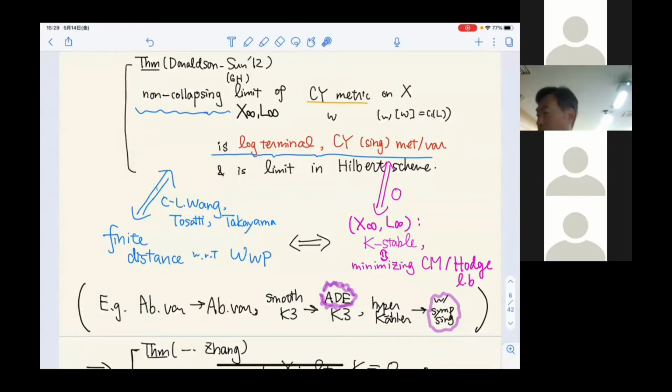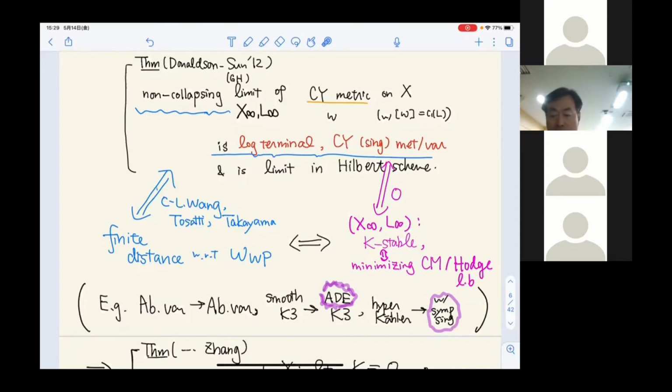And well, their theorem also applies to Fano, and as far as the Ricci is bounded from both sides, it works. So it is a bit more general statement, but it certainly applies to this Calabi-Yau case, as far as it is non-collapsing.